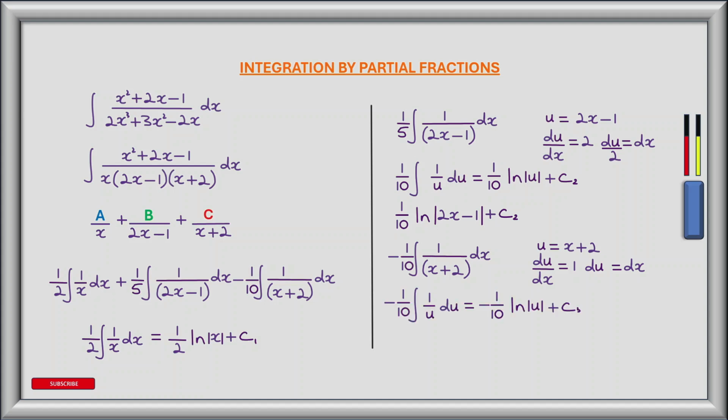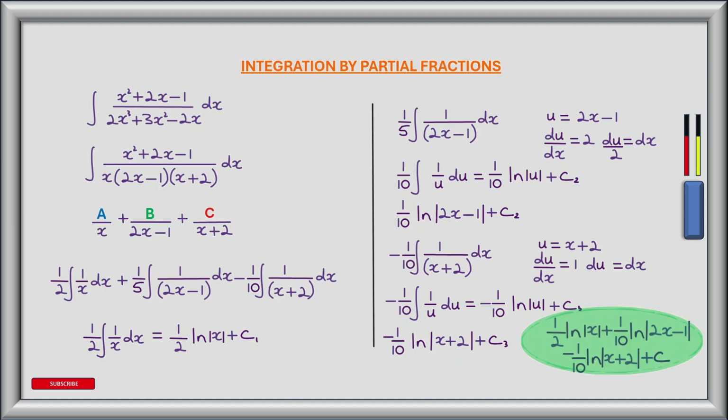If we now substitute our value of u in, we have minus 1/10 times the integral of 1 over u du. So evaluating the integral, we have minus 1/10 times the log of the absolute value of u plus a constant of integration. And now if we substitute back in for u, where u is equal to x plus 2, we're left with minus 1/10 times the log of the absolute value of x plus 2 plus a constant of integration.